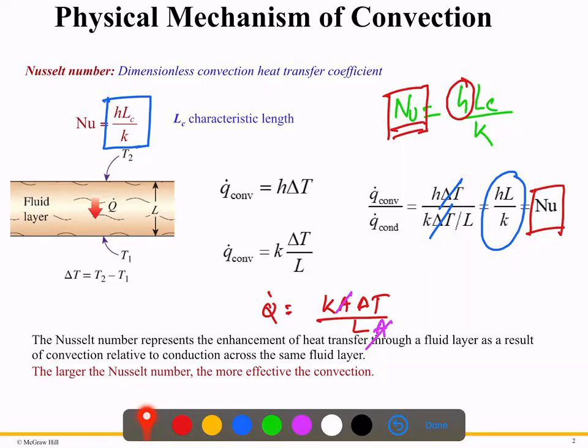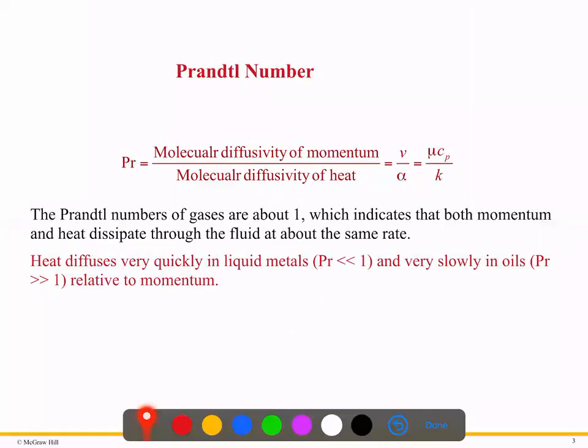So what we'll know now is the Prandtl number. This is another non-dimensional number, and here's the definition. I will not discuss a lot about it. Basically, for gas, the Prandtl number is about 1, which means it is the ratio of the molecular diffusivity of momentum and the molecular diffusivity of heat. That means this ratio is 1, so the two are nearly the same. Heat diffuses very quickly for liquid metals and slowly for water.